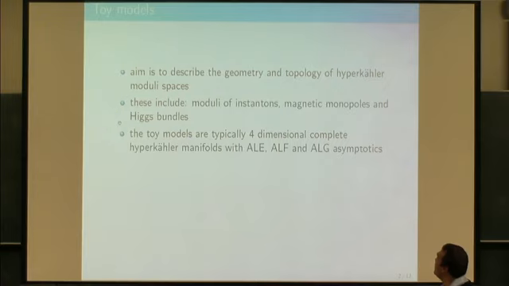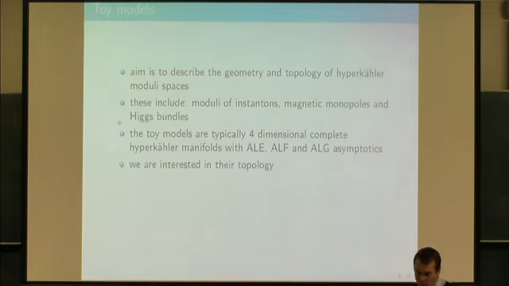And so the 3 classes of metric asymptotics we expect to see in these 3 classes of problems are asymptotically locally Euclidean, ALE, ALF, and ALG, which we have seen already this conference. I'm not even going to go into details, but these are the 3 classes of asymptotics of these 4-dimensional hyperkähler manifolds.